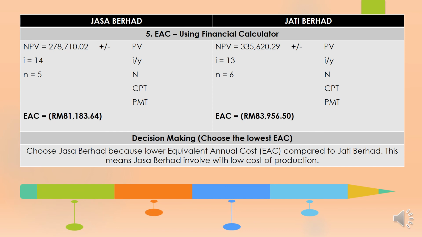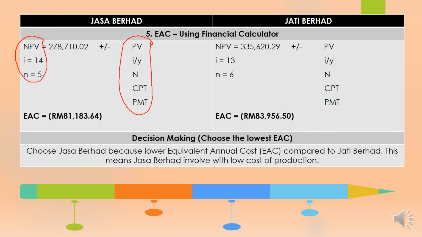Next, to answer the question on how to calculate the equivalent annual cost, which is EAC, you continue with step number 5 using the financial calculator. Here is the command that you should follow with the information required. At first, under PV, which is present value, you enter the NPV that you already calculated in step number 4.